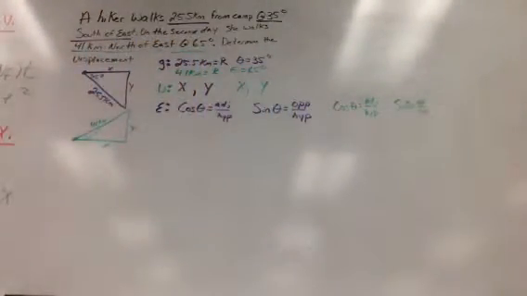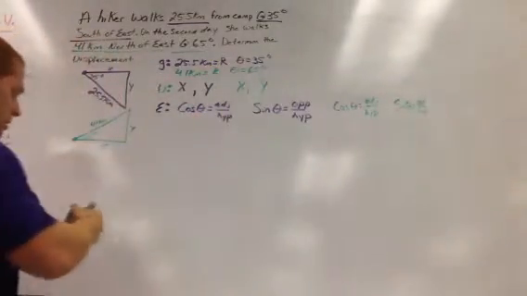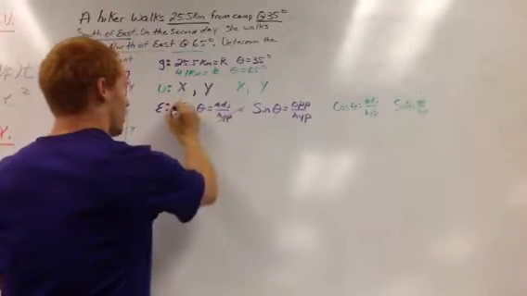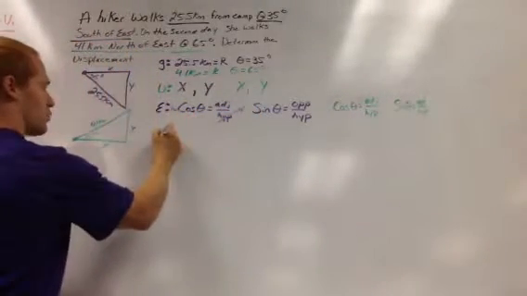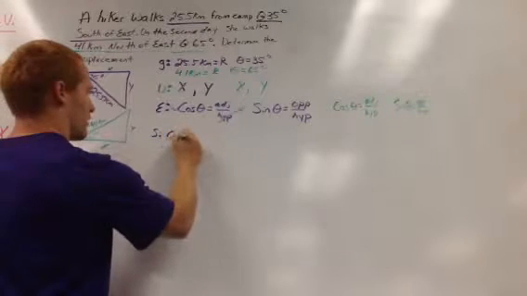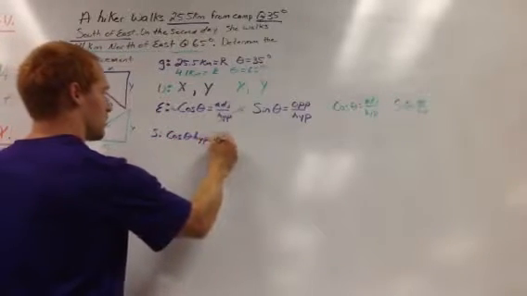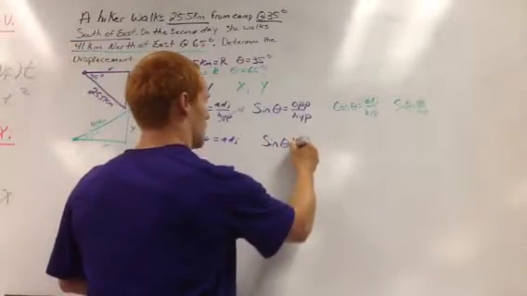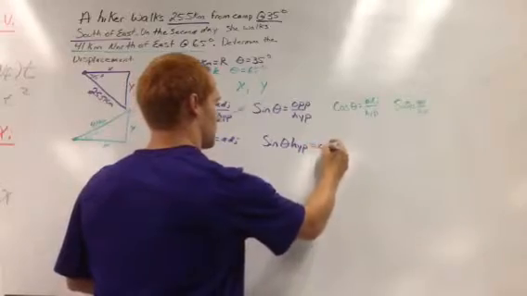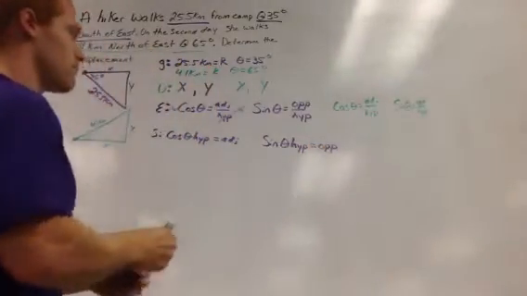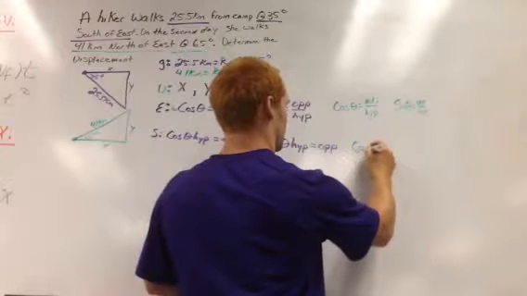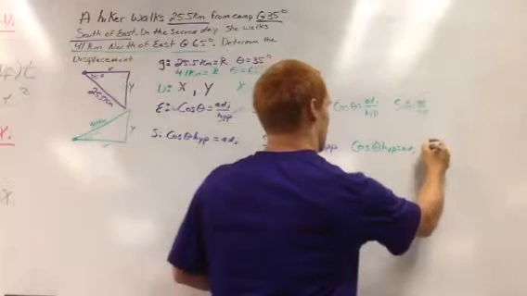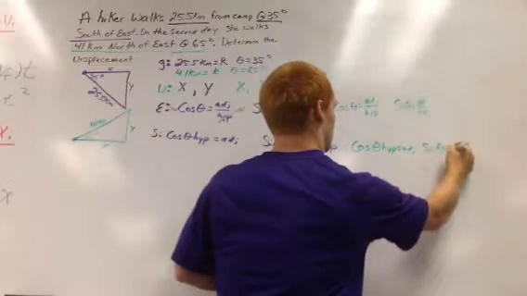So I'm going to multiply hypotenuse by both sides, because when we multiply by hypotenuse, it's going to get rid of it on the right and put it on the left. So for our sorting, I'm going to have cosine theta times hypotenuse equals adjacent. Same thing over here, sine theta times hypotenuse equals opposite.